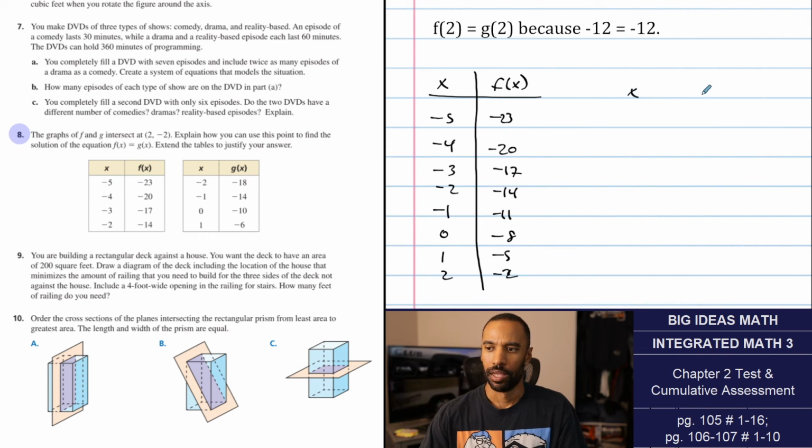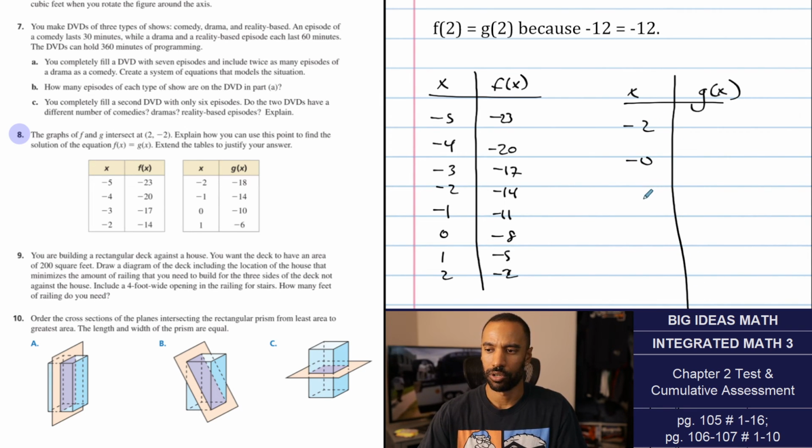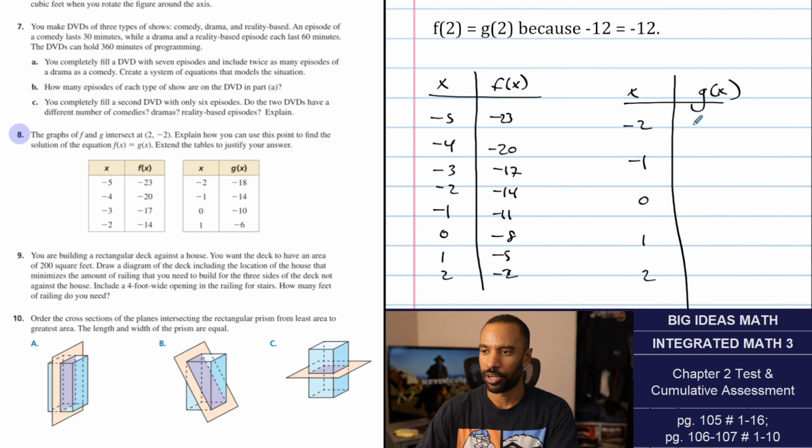Okay? Now this next one starts at -2, -1, 0, 1, and 2. This is also linear. They're adding 4 each time. -18, -14, -10, -6, and -2.